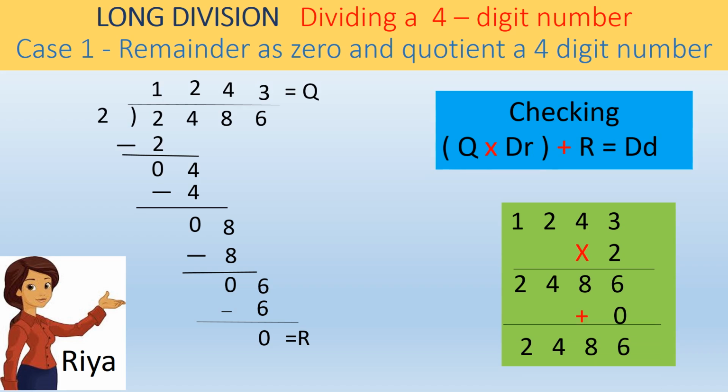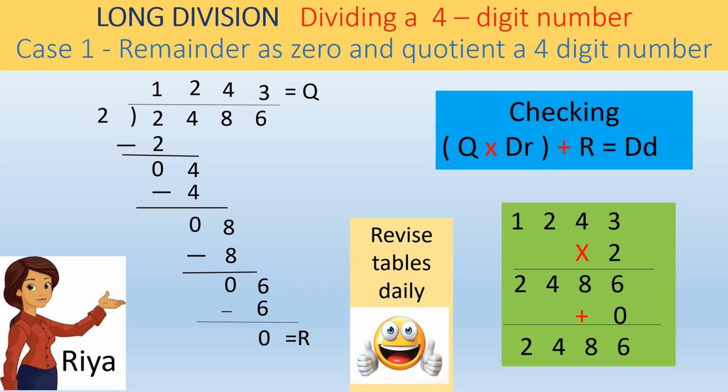Now you have to add the remainder 0. So you will get final answer 2486. Same number as the dividend. So revise tables daily so that you can perform division very easily, isn't it?